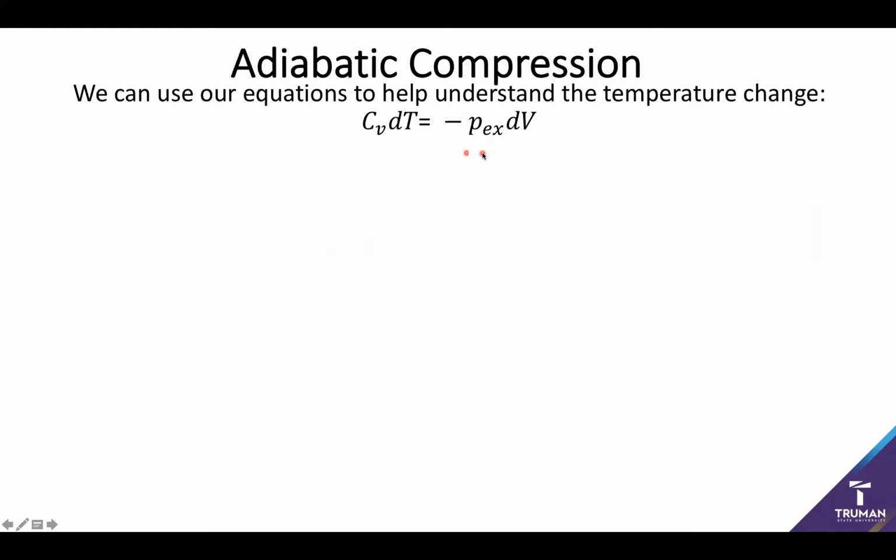So let's use reversible conditions. Under reversible conditions, my external pressure is going to be the same as the pressure of my system. This also represents the minimum applied pressure that I need in order to conduct a given change.